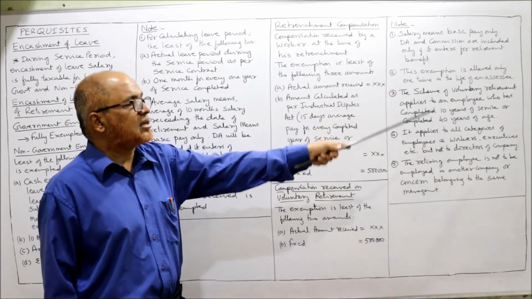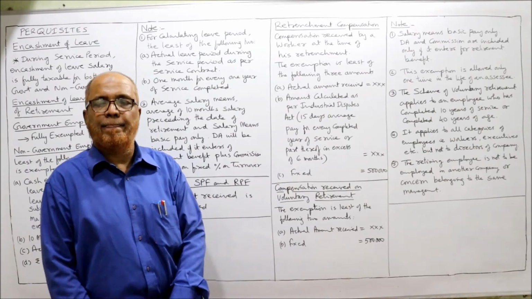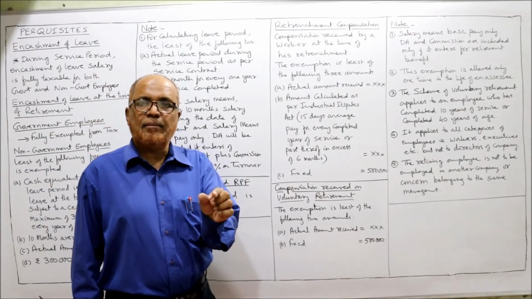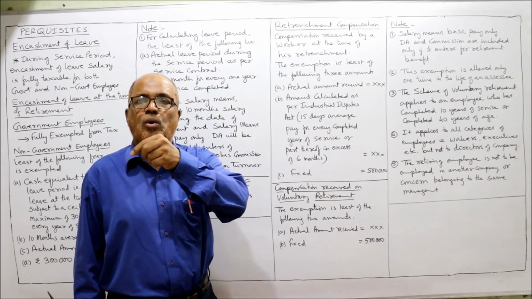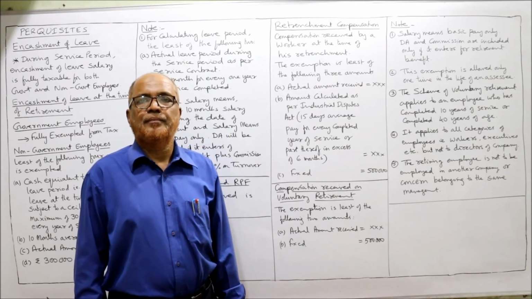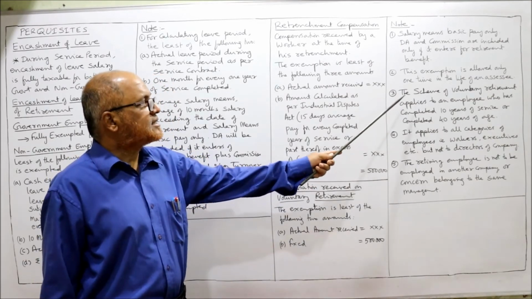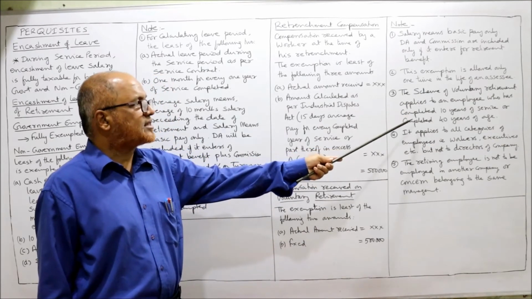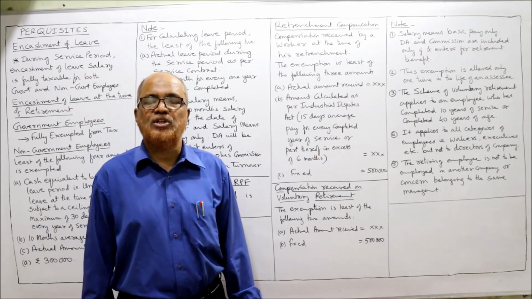Secondly, this exemption is only one time, only once during the whole life of the employee. Voluntary retirement benefit will be given to the employee only once during the whole life period. Only once it will be allowed. Next, the scheme of voluntary retirement applies to an employee who has completed 10 years of service or completed 40 years of age.